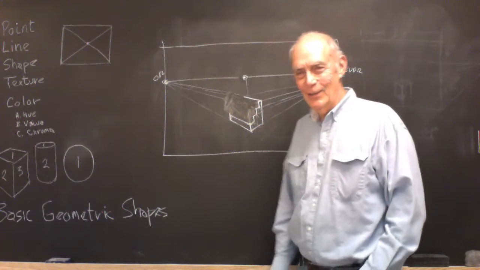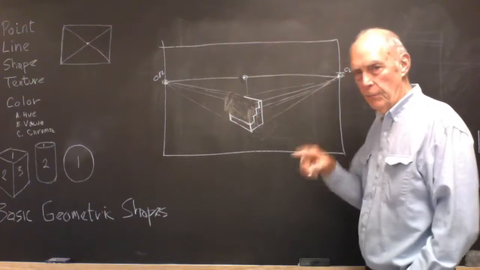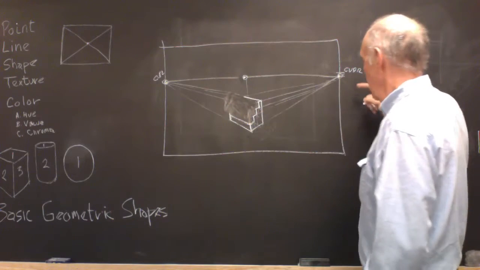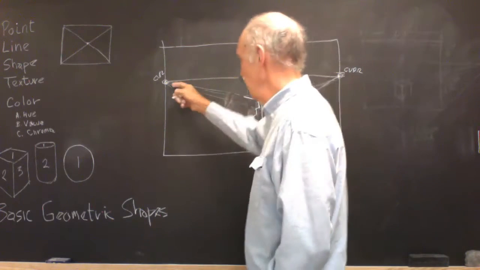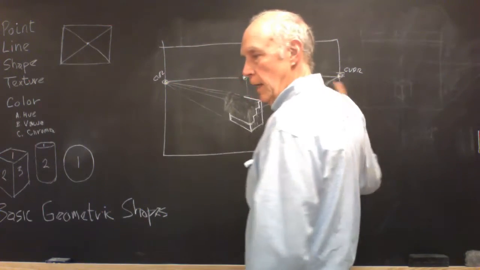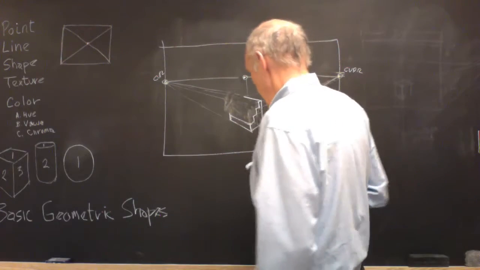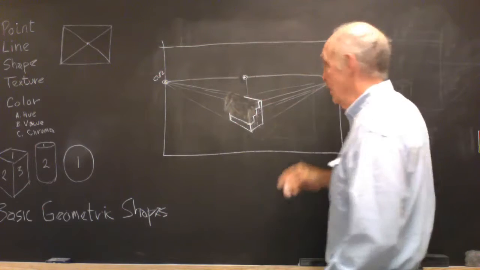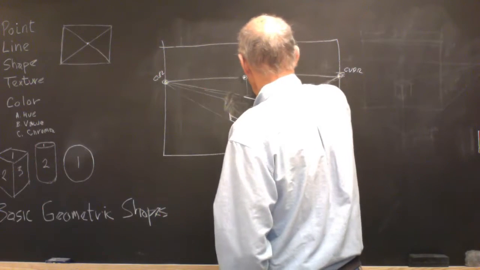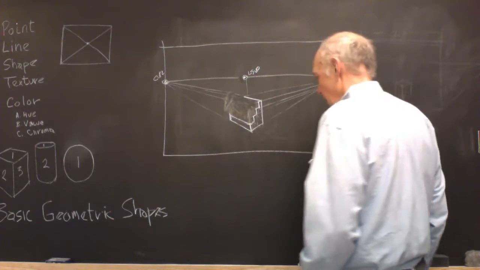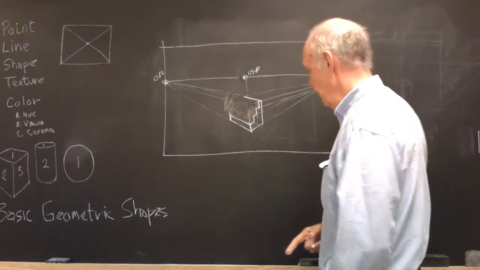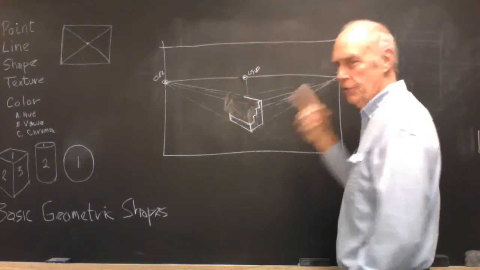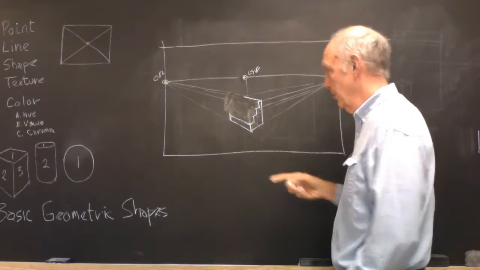In other words, if you set up your drawing pad and you measured up 12 inches here and 12 inches here, 12 inches here, and drew your horizon line, and established your vanishing points and labeled them, line of sight vanishing point, and drew a cube, and then did everything that I just did, it should look something like this.